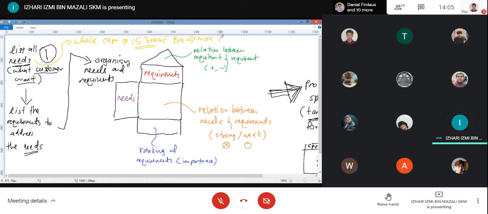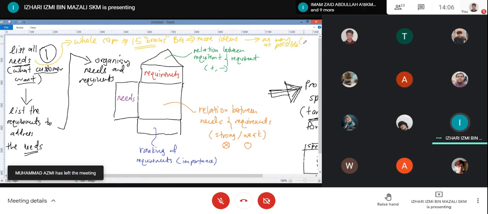And when you do this approach, needs for the whole car, you should set a target. Then the needs has to be as many as possible. I think should be at least 50.